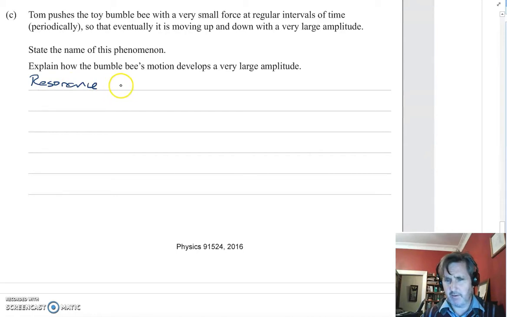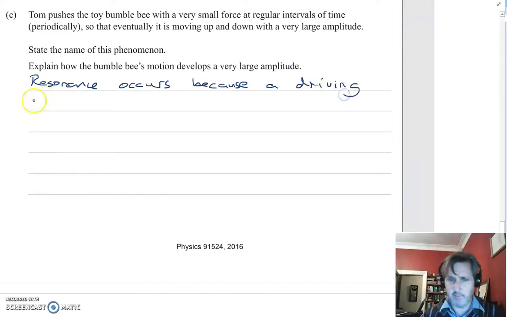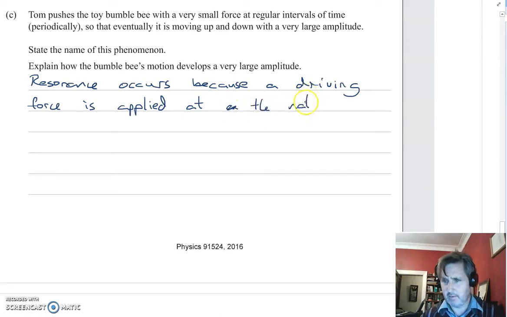And this happens because resonance occurs because a driving force, we call it, okay, so a driving force is applied at the natural frequency. So the natural frequency is the frequency the bumblebee will oscillate.